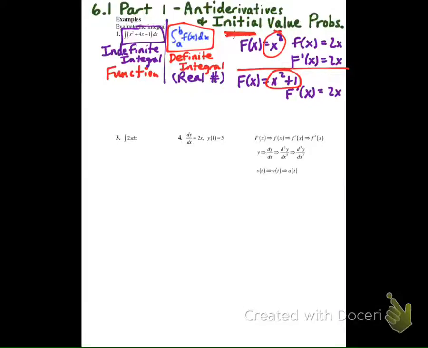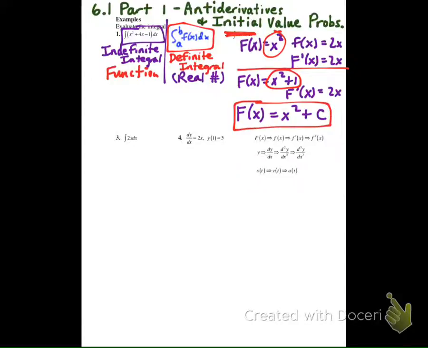As long as you add only a constant, the derivative of capital F of x would always equal 2x. So we call the family of functions x squared plus c the family of antiderivatives of the function lowercase f of x equals 2x.